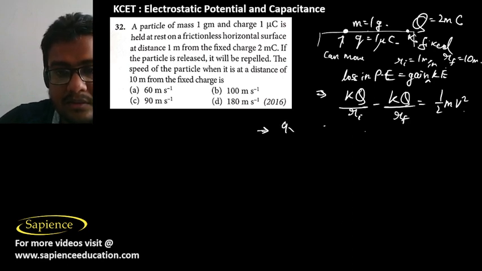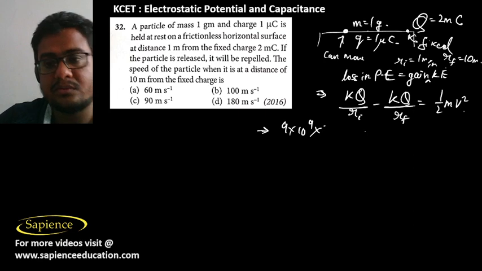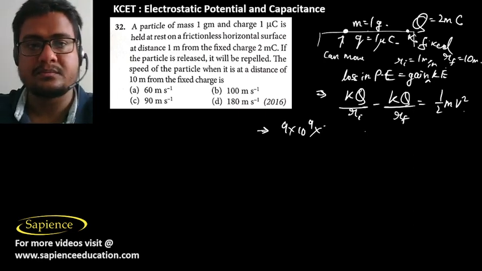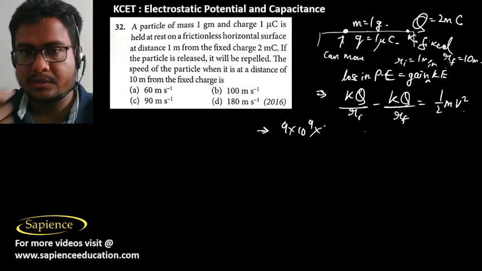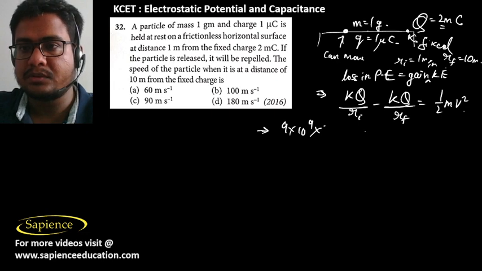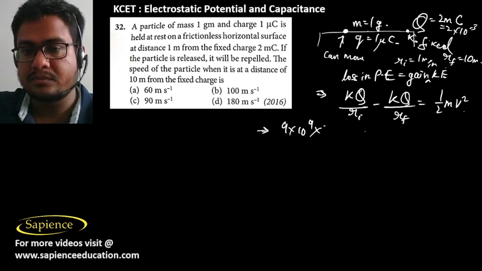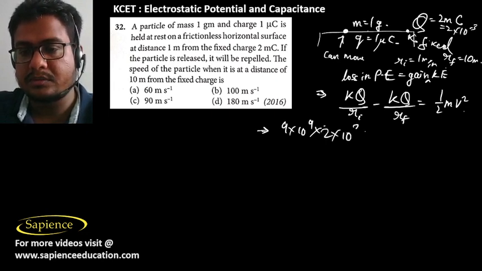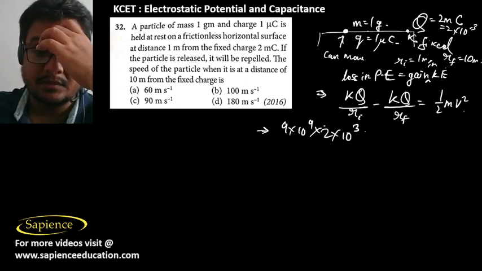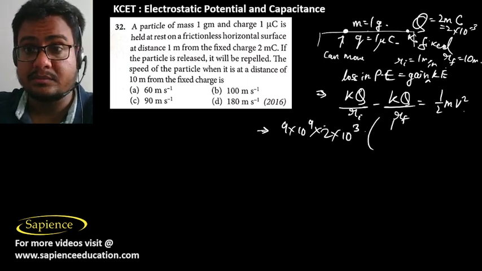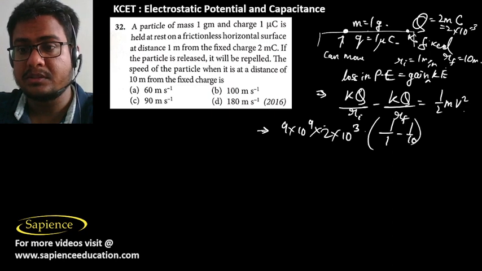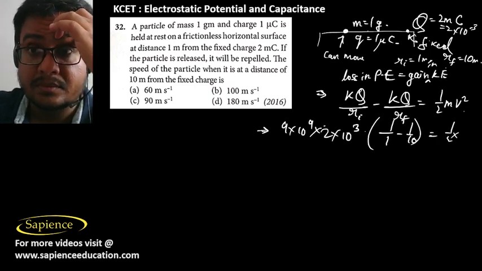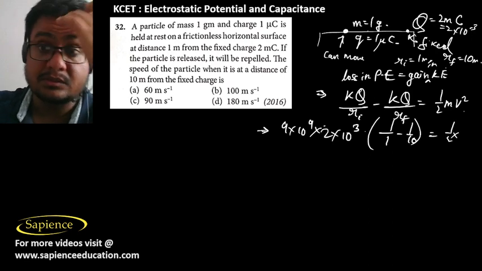So k is 9 into 10 power 9, and the capital Q is 2 millicoulomb, so it's 2 into 10 power minus 3 coulomb.